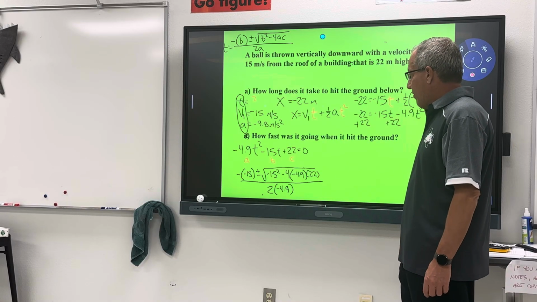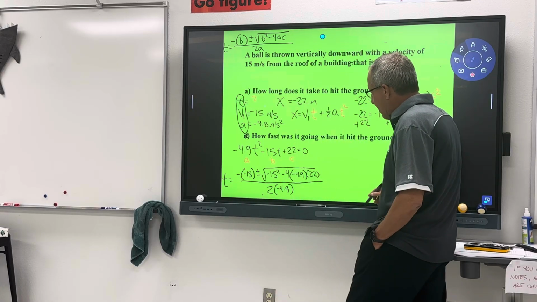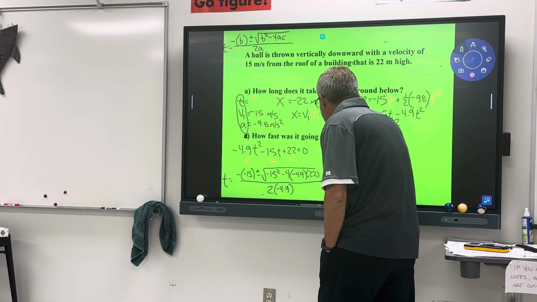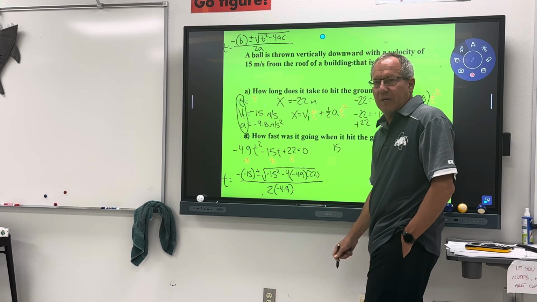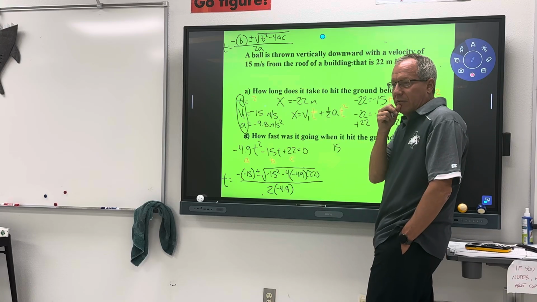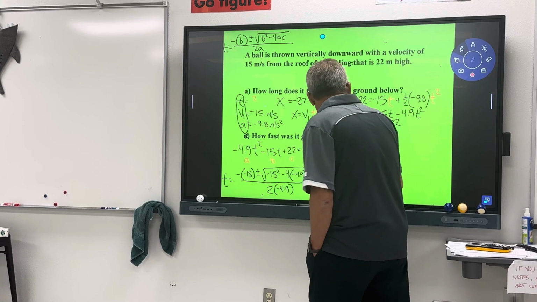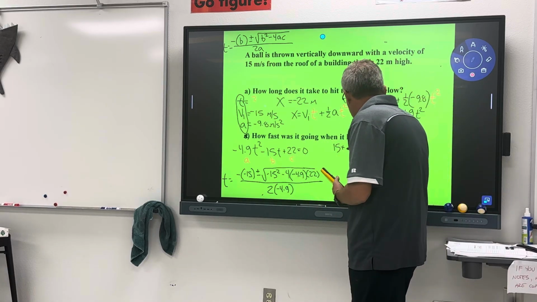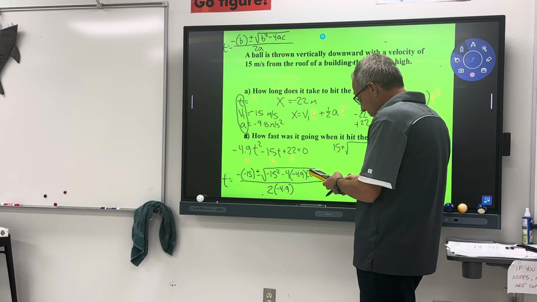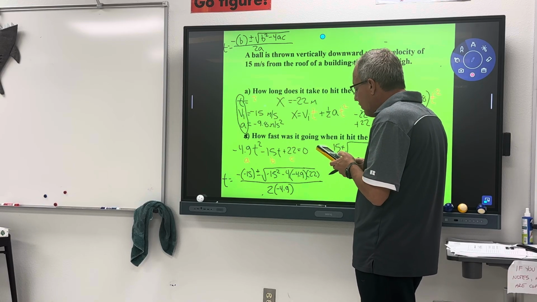Now we just let the math run. And by the way, this will give me my time. Time equals that. Negative and negative 15 is positive 15. And this runs twice, doesn't it? You have to run this with the plus and then run this with the minus. So I'm going to run it 2 times. 15 plus the square root of negative 15 squared: 15 squared is 225.